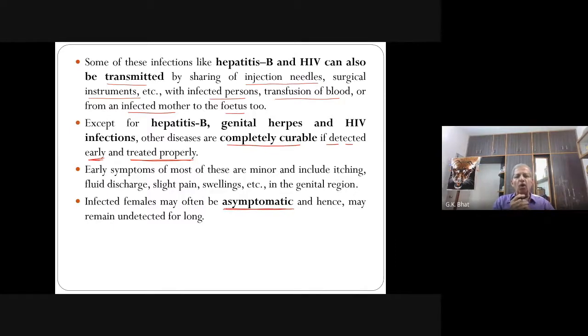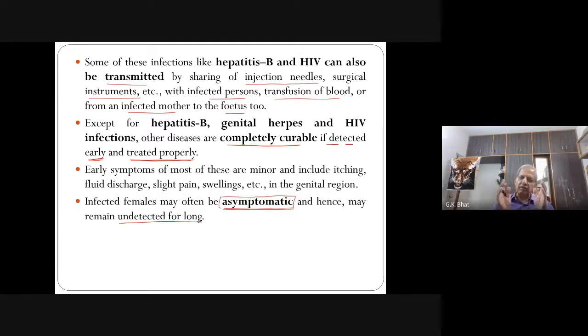Infected females may often be asymptomatic and hence may remain undetected for a long time. That means the woman herself will not know that she is suffering from these STDs. Now let us think that a boy has come in contact with a girl sexually, and that boy has STD, and this is passed to the girl. In the girl, symptoms are not seen; she may remain asymptomatic.